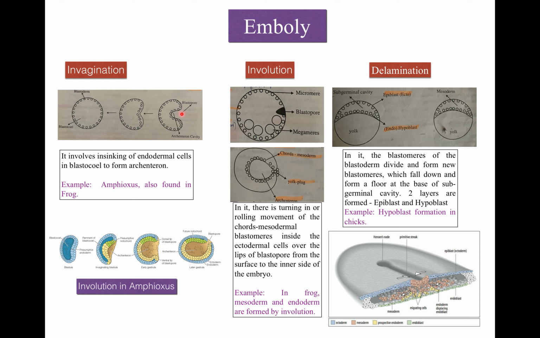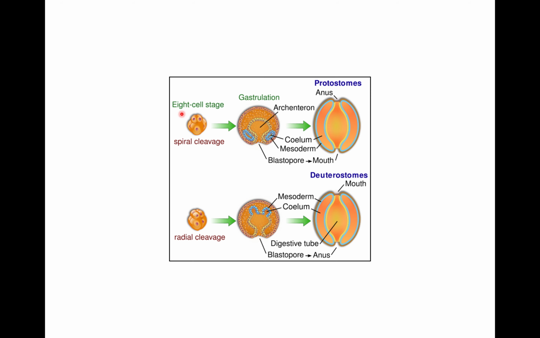The blastopore gives rise to the mouth in protostomian animals like helminths, annelids, and mollusks, or the blastopore gives rise to the anus in deuterostomes like Echinodermata and chordates. So blastopore forms the mouth in protostomes and the anus in deuterostomes.